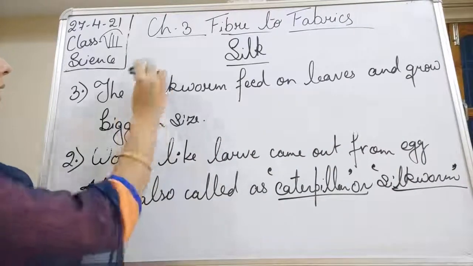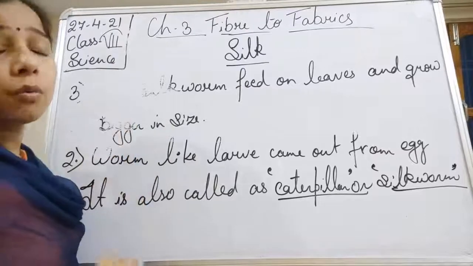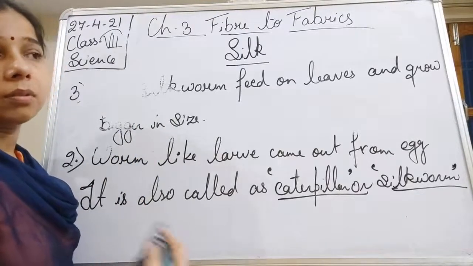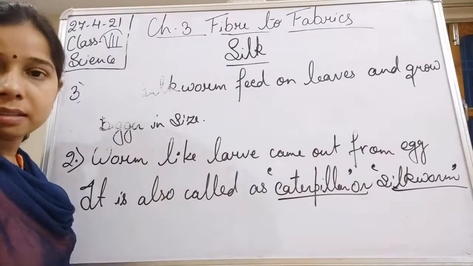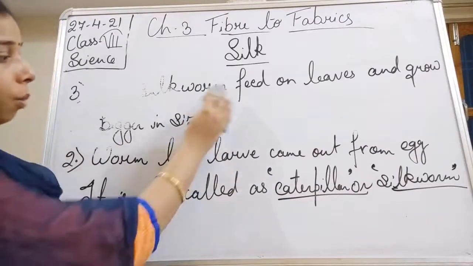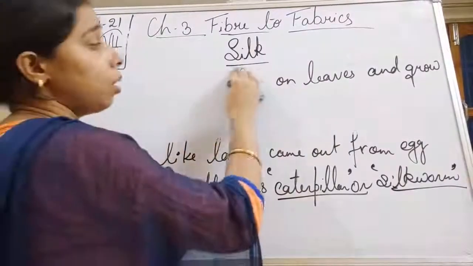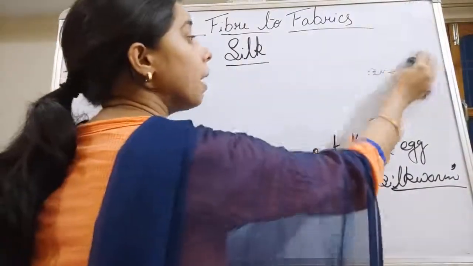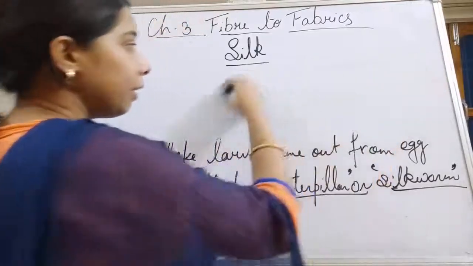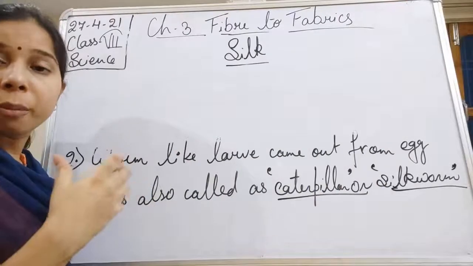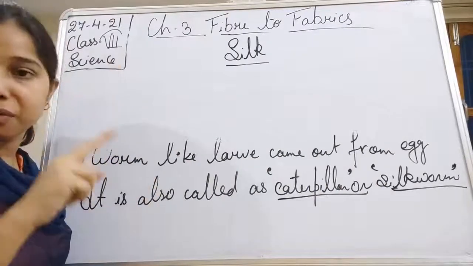Now the next stage, students, is when this silkworm is ready to develop into the next stage, the pupa. What happens? It starts moving its head side by side in order to give a shape of an 8, and the liquid released from its head starts covering its body.